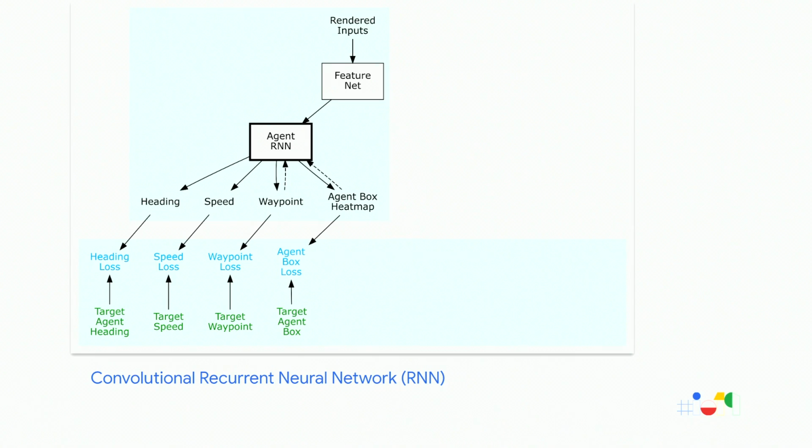This agent RNN is actually the recurrent part of the net, which is responsible for producing a sequence of waypoints, which together form the trajectory. Now, for each of those waypoints, you want some metadata, which is shown by these different arrows with heading, speed, as well as what the box looks like at each of those waypoints. And as you can see in the bottom part of the picture, all of these predictions are guided by the ground truth known from the log data and are driven by the usual losses.